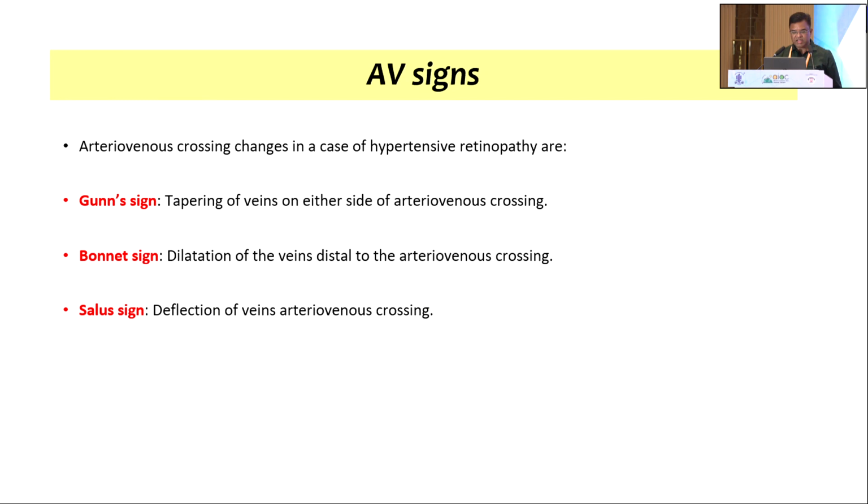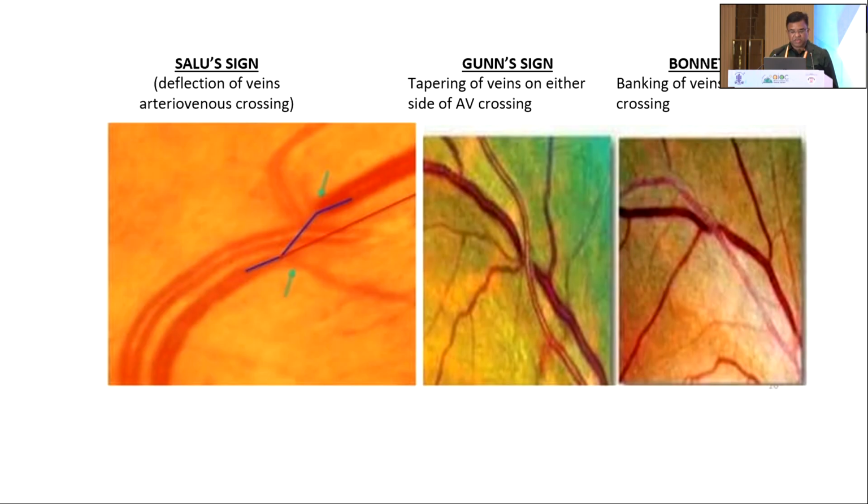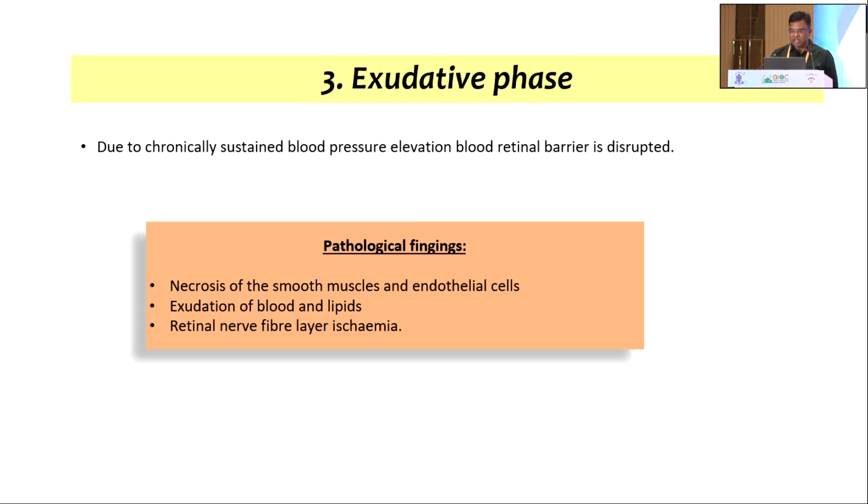The arteriovenous signs include the Gunn sign, which is the tapering of the veins, the Bonnet sign, that is the dilatation of the veins distal to the AV crossing, and the Salus sign, that is deflection of the vein. So you can see the Salus sign, the deflection, in the first picture. The second is the Gunn sign, where we have the tapering of the vein, and third is the Bonnet sign, which is the banking of the vein distal to the AV crossing.